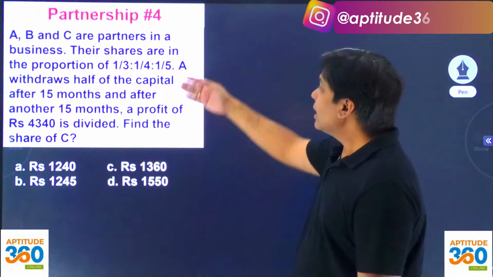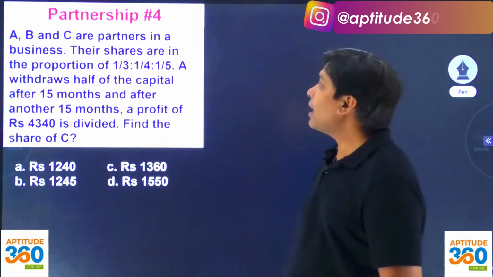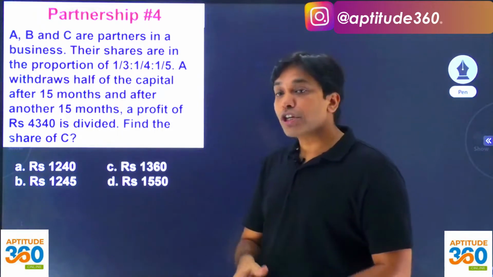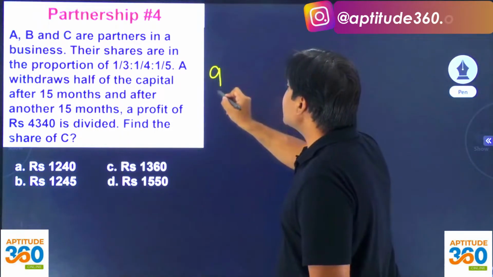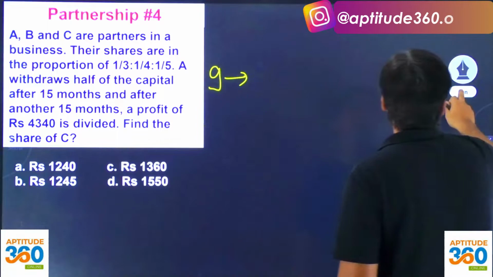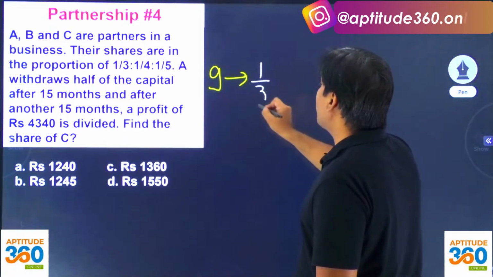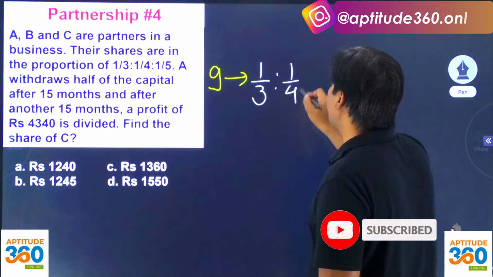Now A, B, C are partners in a business, and their investments are in the proportion of 1 by 3, 1 by 4, and 1 by 5.